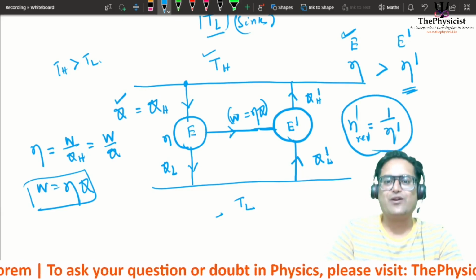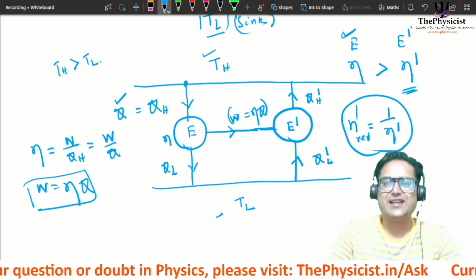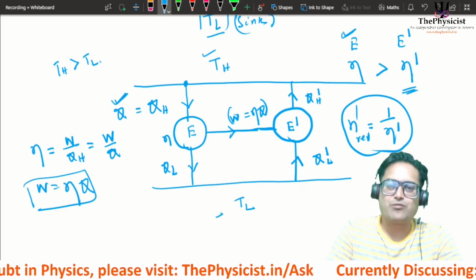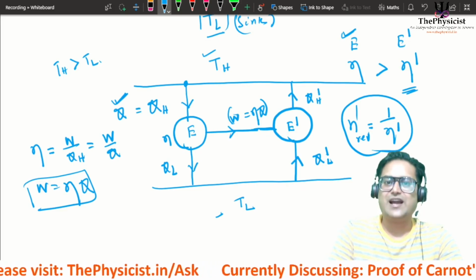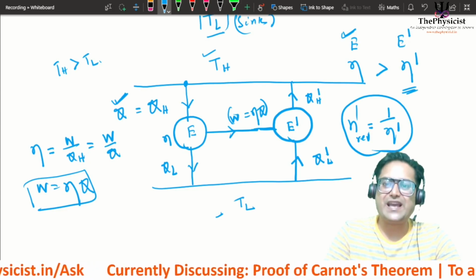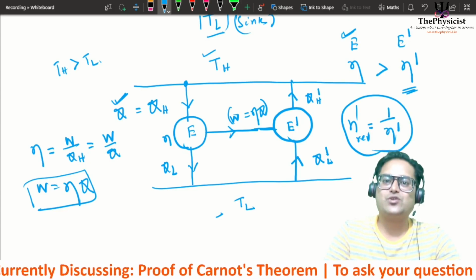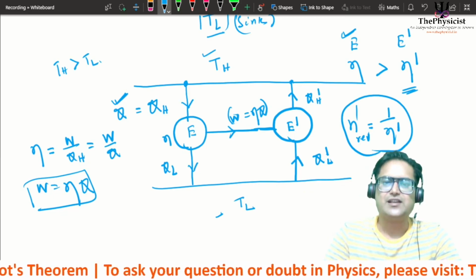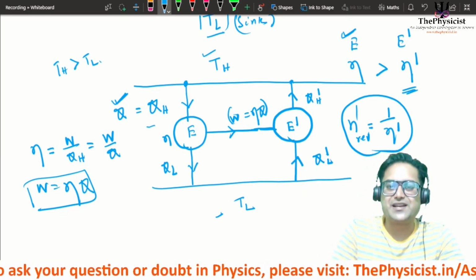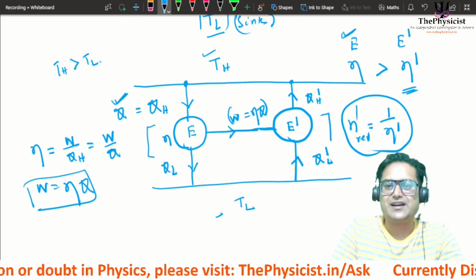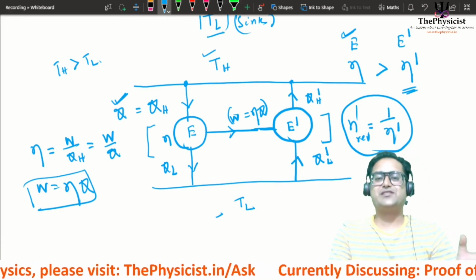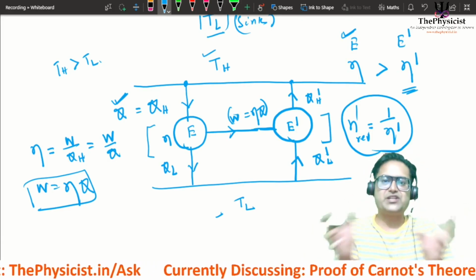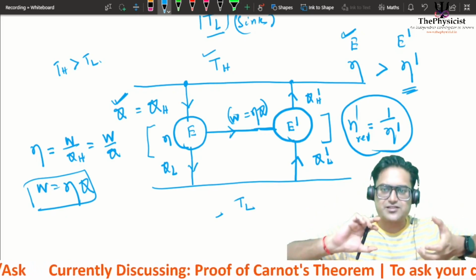Correct? Okay. Now let's understand. We are taking Q amount of heat from the source, and we are giving QH dash amount of heat to the source, right? So now we have created a single engine, which is the result of the combination of the two engines, one working in reverse.